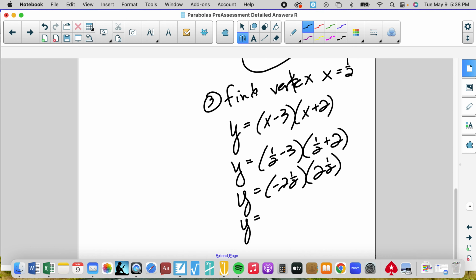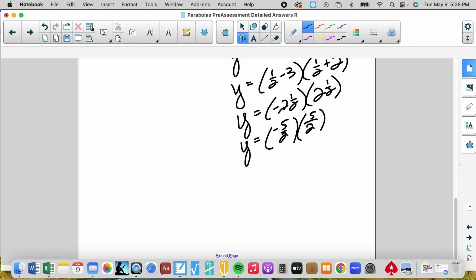Now I can't multiply those as they are, so I'm going to convert them to improper fractions. And now I'm going to multiply. Negative 5 times 5 gives me negative 25. 2 times 2 is 4, and that gives me negative 6 1/4. So this is my vertex.